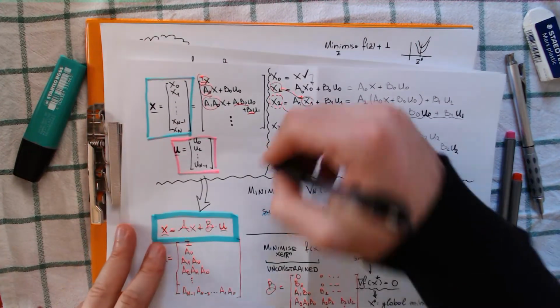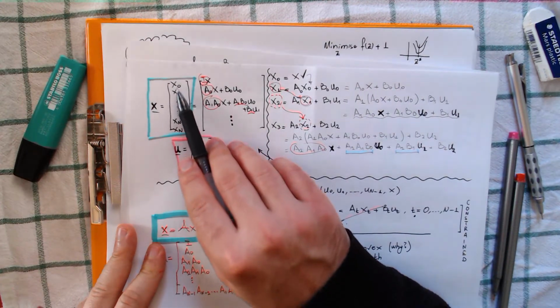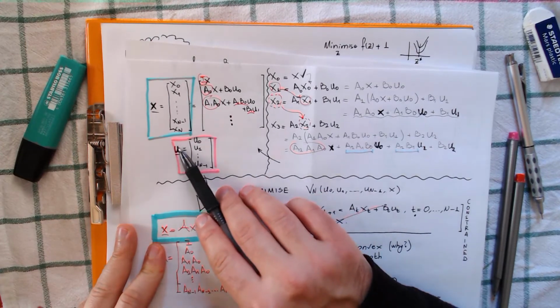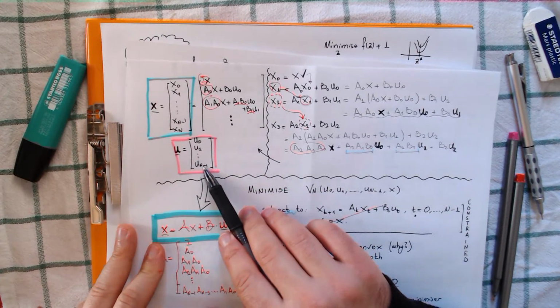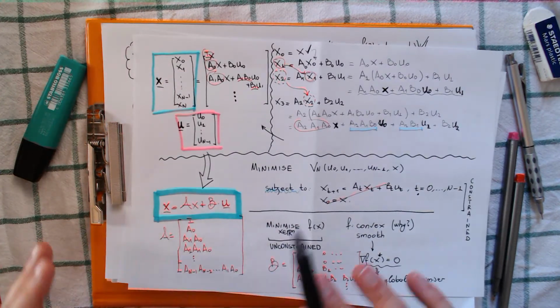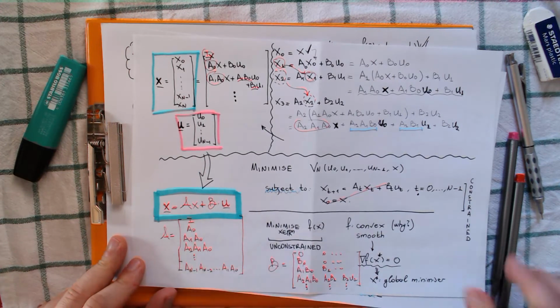After that, we introduced some more compact notation, x0, x1 down to xn, and for u, we introduced the notation u underlined, u0, u1 down to un-1, and we were able to write the whole system dynamics from time 0 to time n-1 in this nice form.